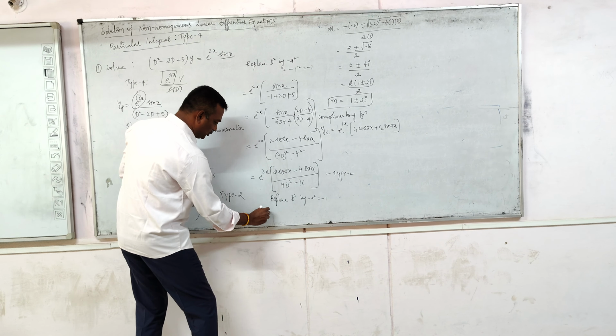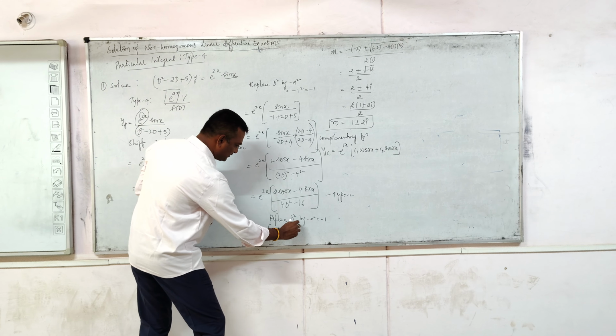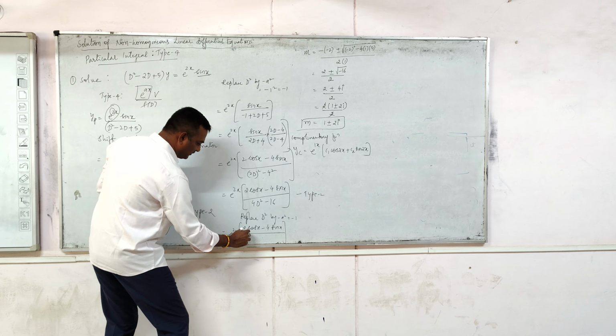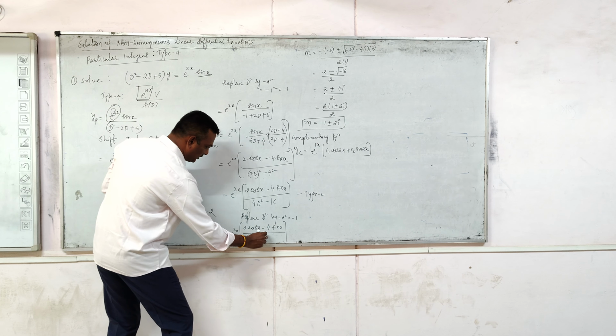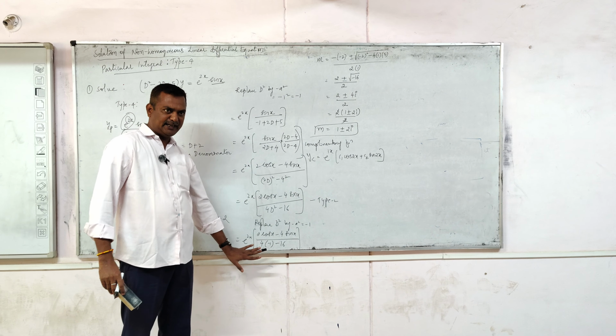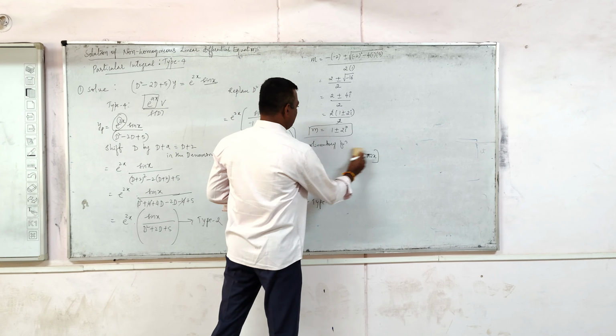So it is e raised to 2x into 2 cos x minus 4 sin x divided by 4 into minus 1 minus 16. Now there is no d in the denominator. So therefore, we can write the final answer.